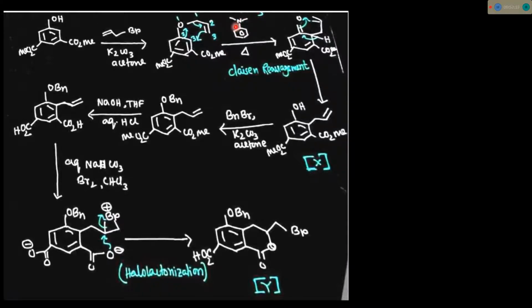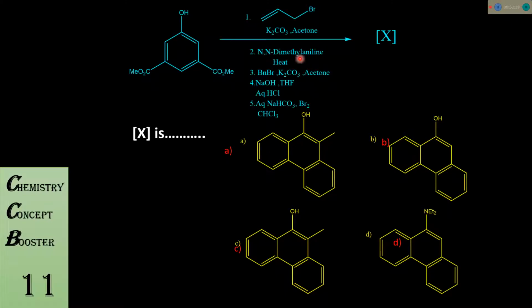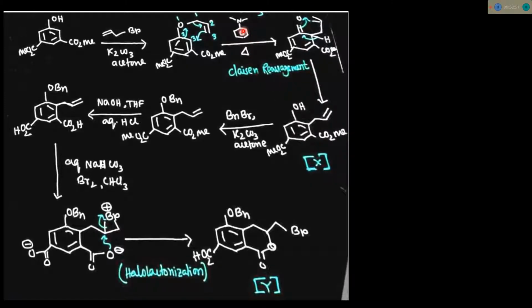In that case you will see N,N-dimethylaniline. Most of the people will have some confusion, because they might think, what is the use of this reagent? This is the solvent. In that case, N,N-dimethylaniline is just a solvent. If we heat this compound, then 1, 2, 3, 1, 2, 3, you all know the Claisen rearrangement.